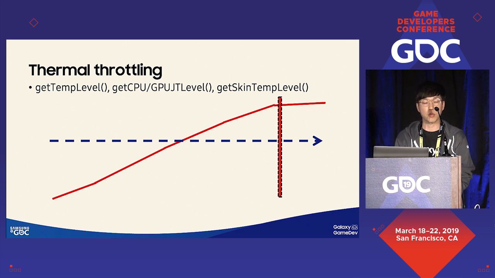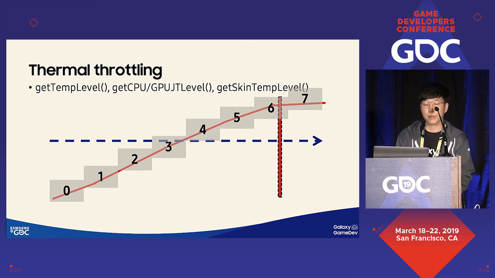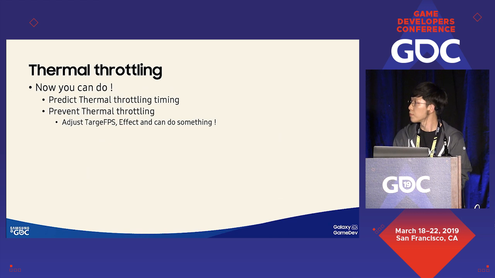And GameSDK provides various temperature information. Each piece of temperature information is provided by abstraction level. Each temperature level range is 0 to 7. So with this API, you can know the temperature trend. Now you can know the thermal throttling timing and temperature trend.